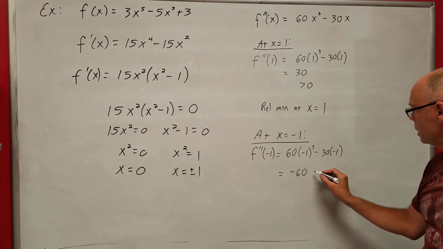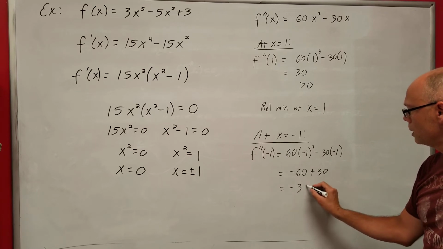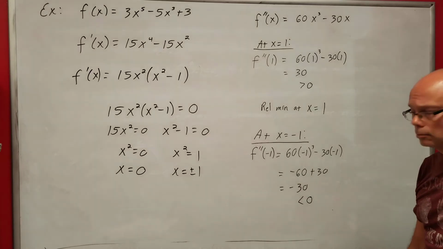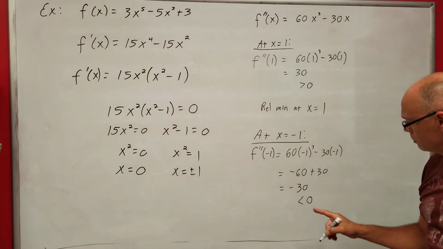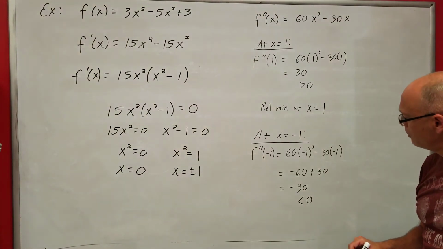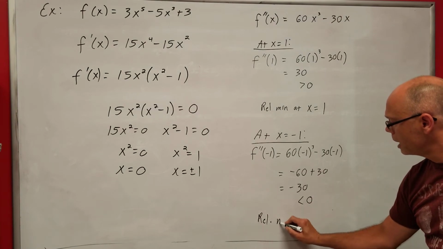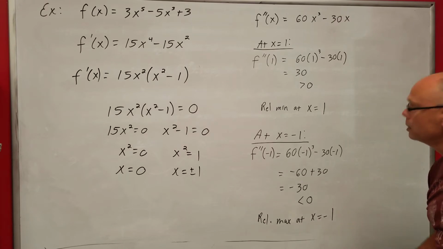Negative 60 plus 30 says negative 30, which is less than 0. So what happens if my second derivative at that point is less than 0 or negative? Then I have a relative what? Max. Relative max at x is equal to negative 1.